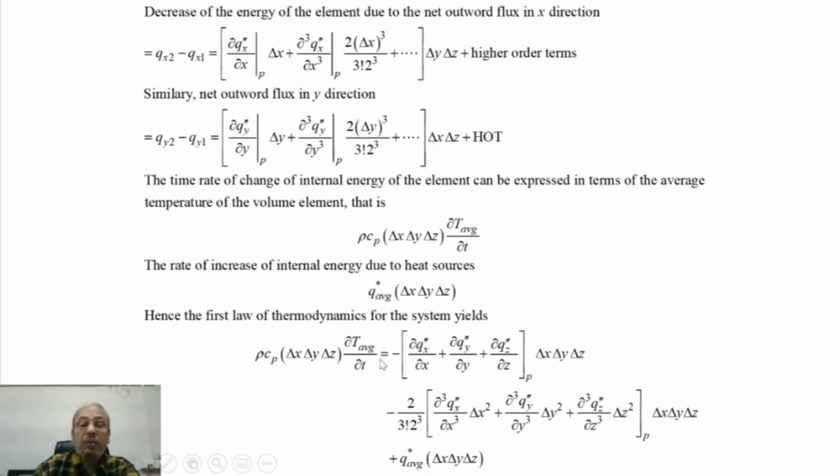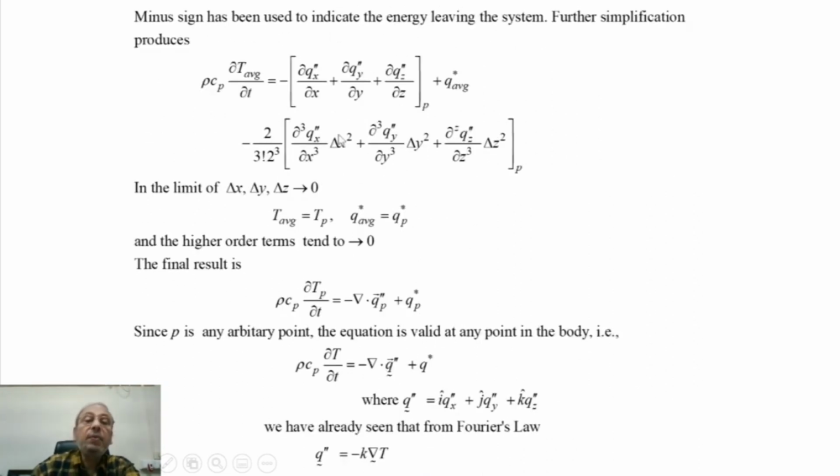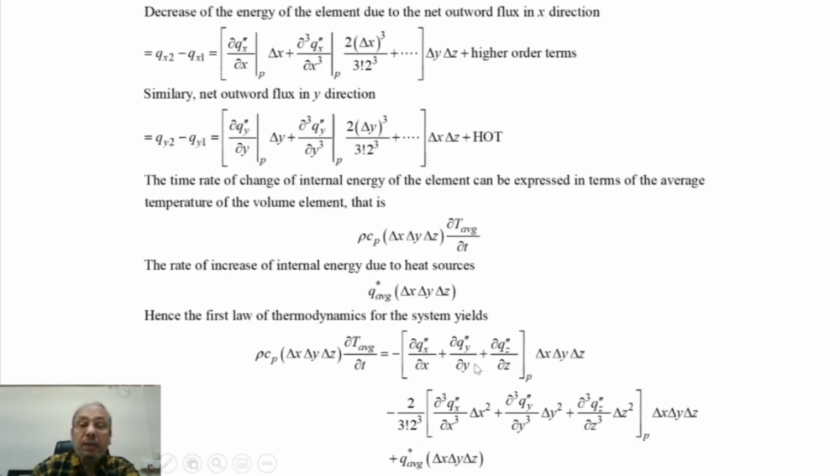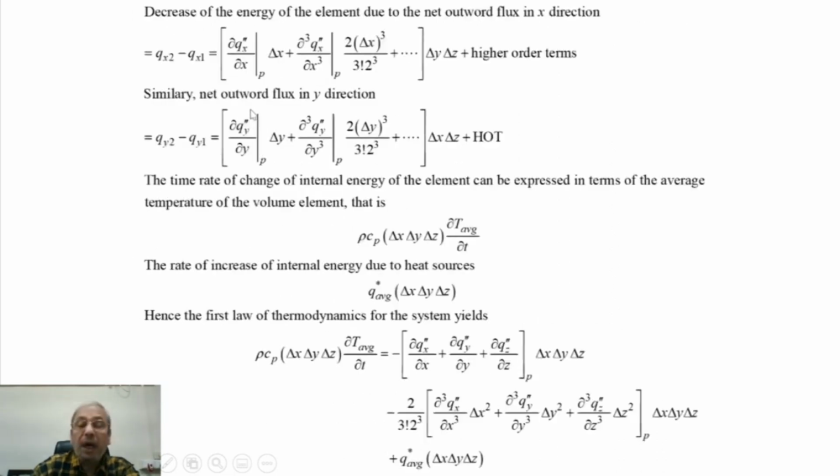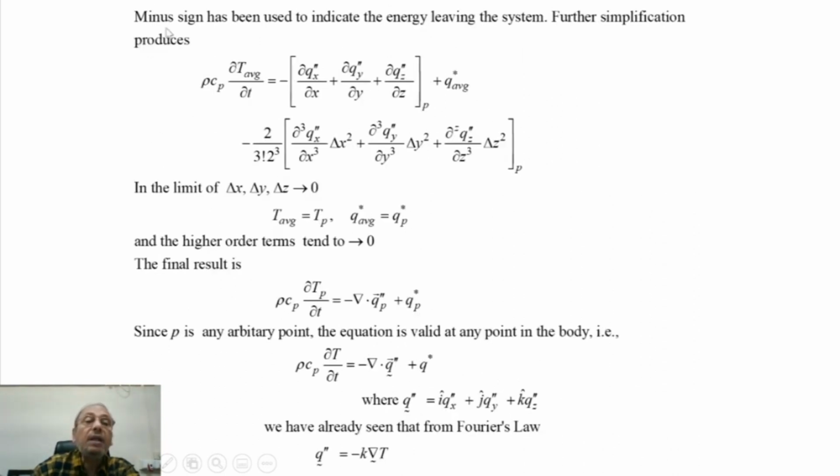So now from here we can write basically rho Cp del T average del time, and a special mention has to be made that the minus sign has been used to indicate the energy leaving the system.